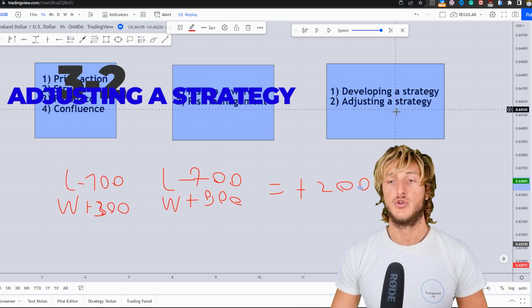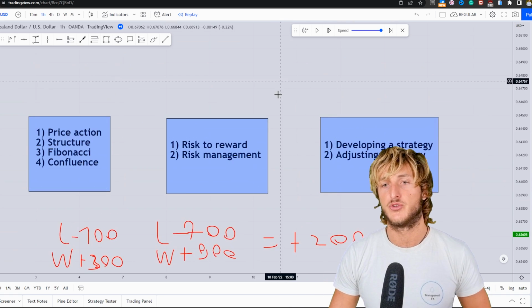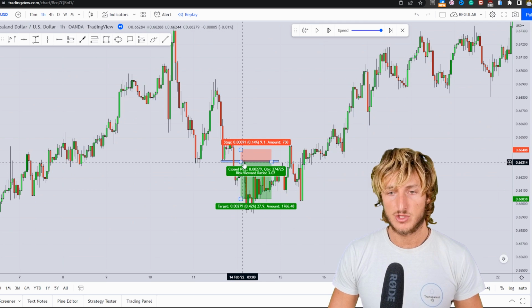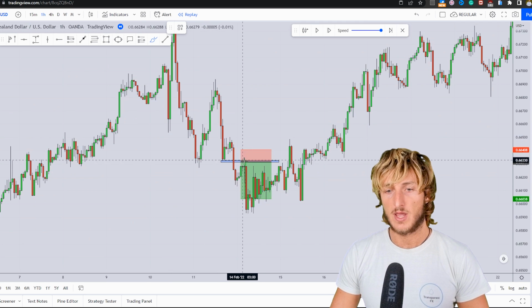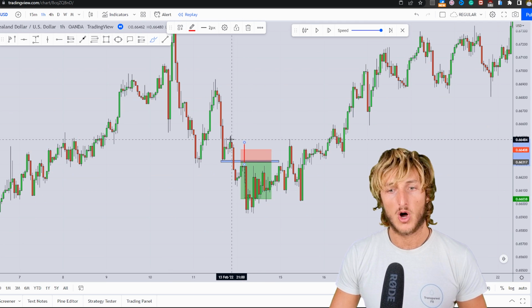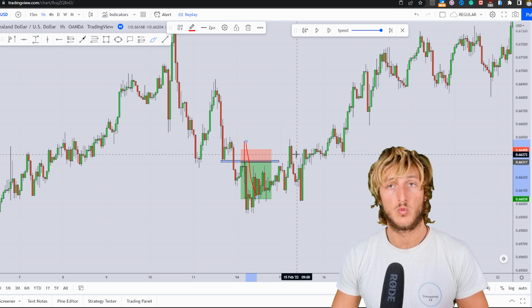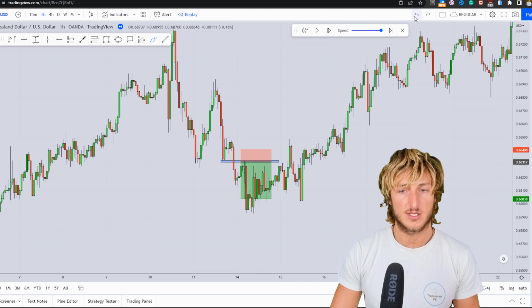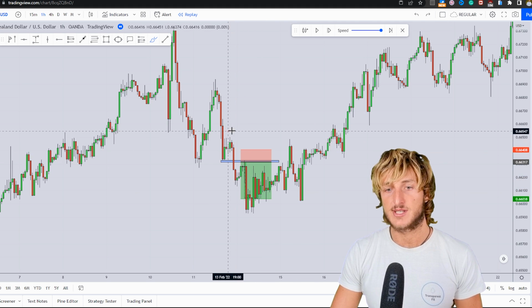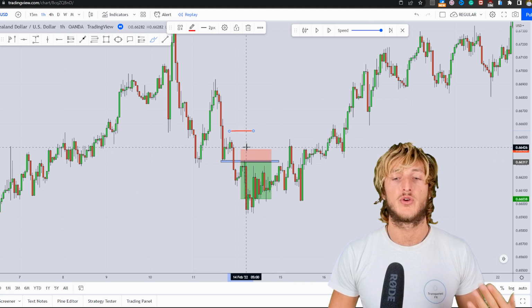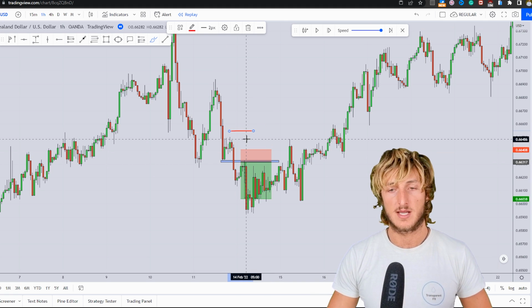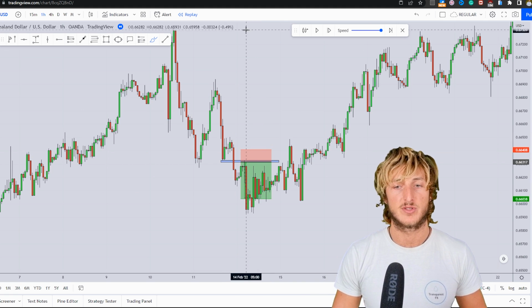For example, just to give an example, you notice that most of the times with this strategy, the market will create a big rejection, go almost to the high and then reject to the downside. Once you notice that, you can adjust the strategy by putting the stop loss above the high, for example, moving your entry higher. I'm just making random examples here, not speaking about the specific strategy.